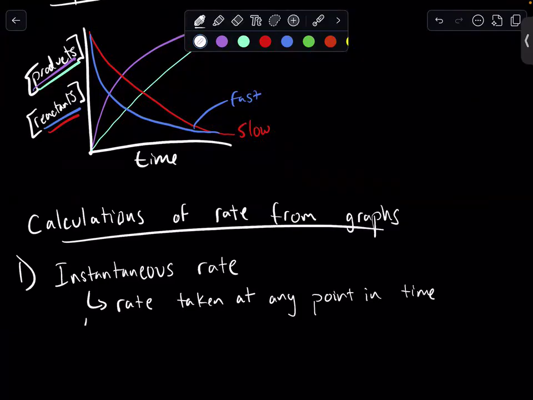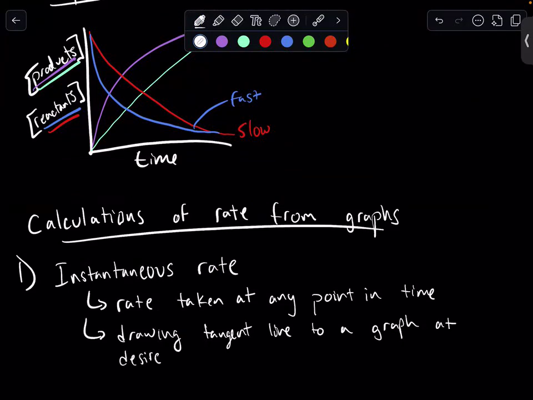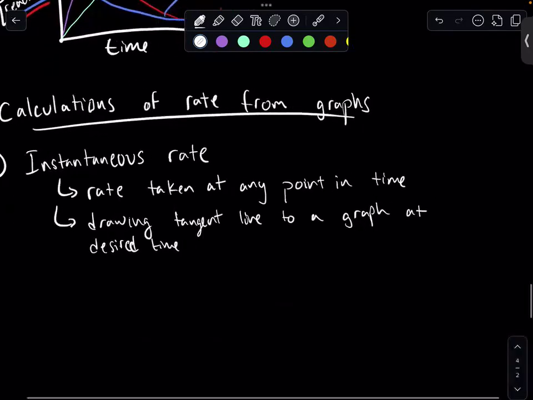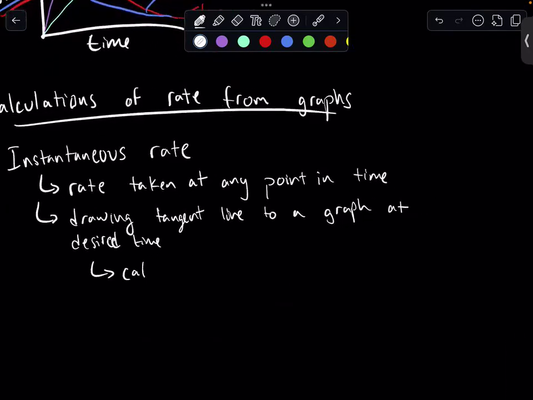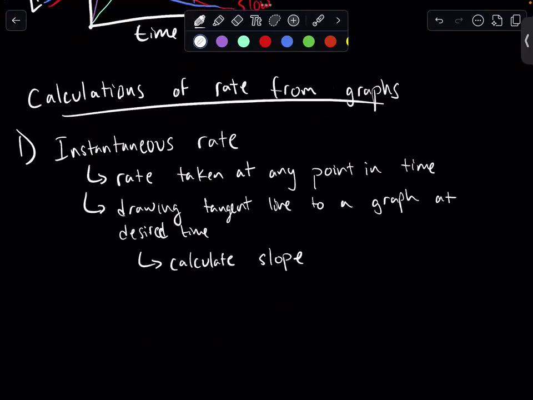We calculate an instantaneous rate by drawing a tangent line to a graph at the desired time. And then with that tangent line, we just calculate the slope. The AP exam loves making students do instantaneous rates.